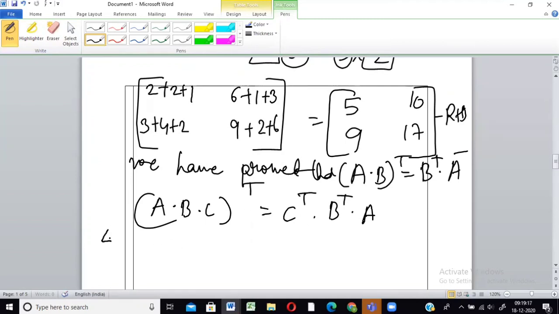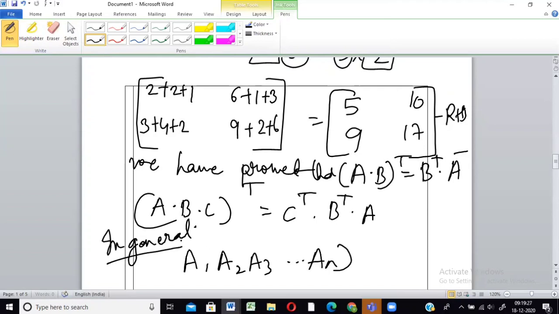So you can have any number of matrices in general, if you have A1, A2, A3, so on and so forth, till AN. And this is just a way of writing that you can have n number of matrices which will satisfy the same criteria. Alright, so that goes to AN transpose, and so on, A2 transpose into A1 transpose. Alright, so that is how it works.